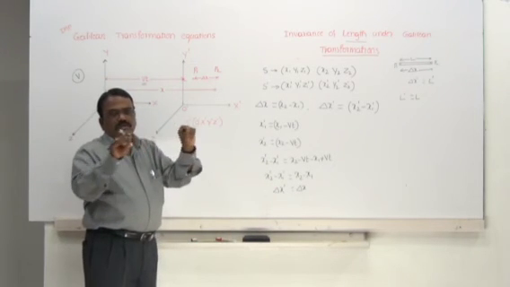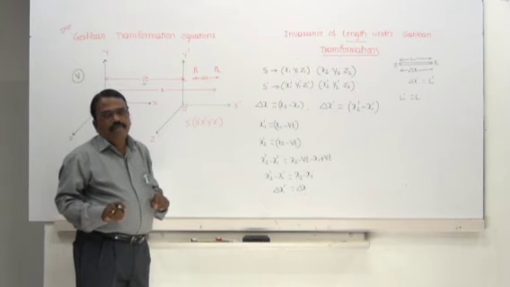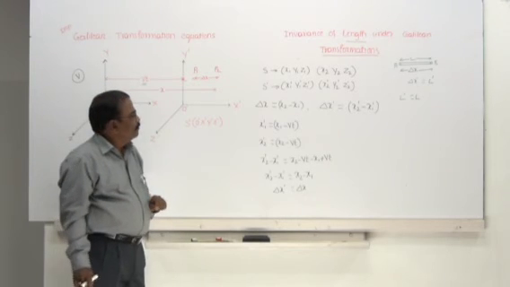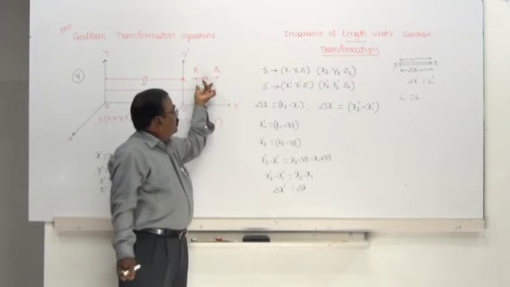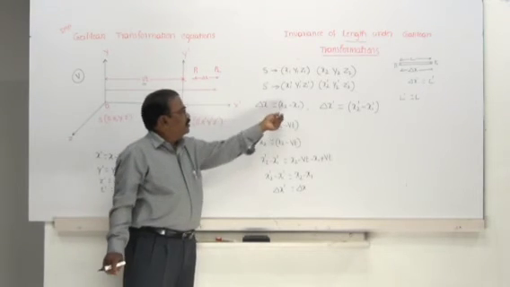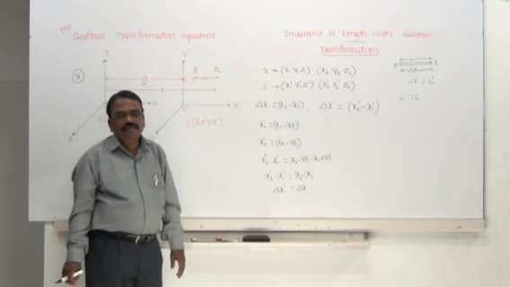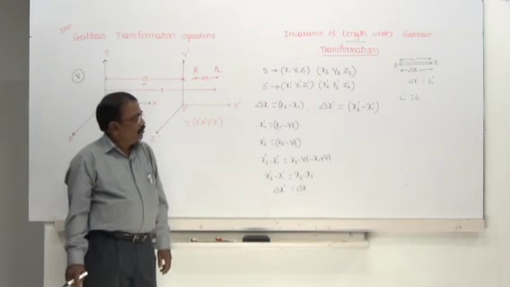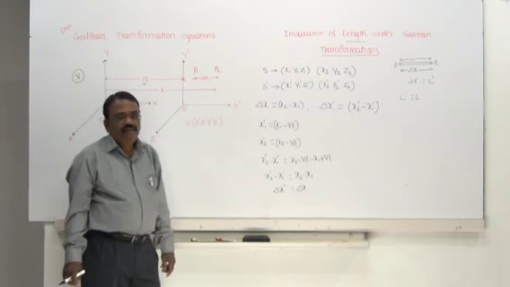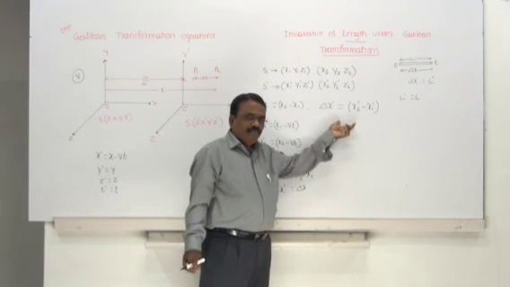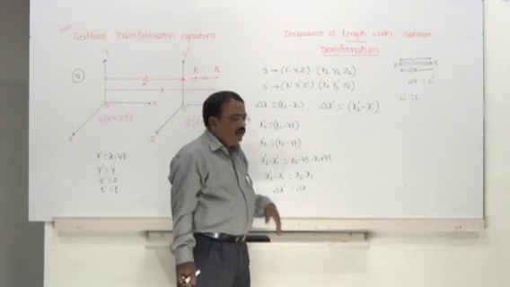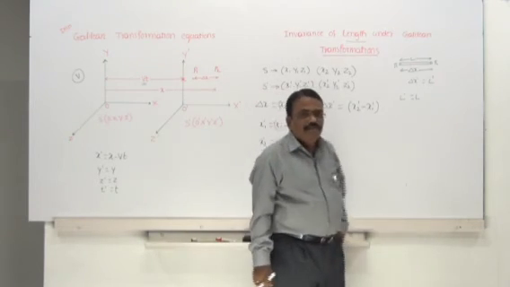Since the events are separated along the x direction, the separation observed in the S frame is x2 minus x1, delta x. Similarly, let delta x dash be the separation observed between the two events in the other frame of reference.